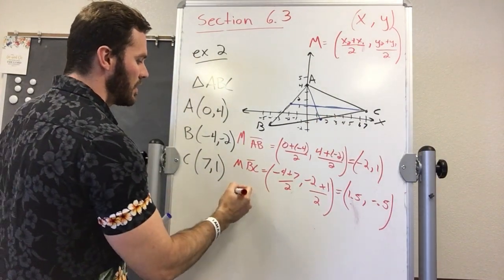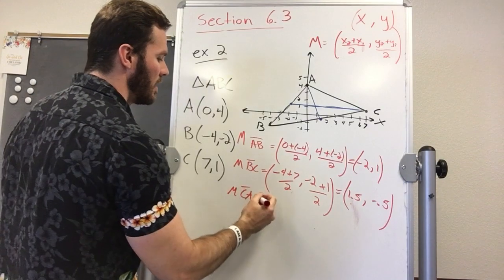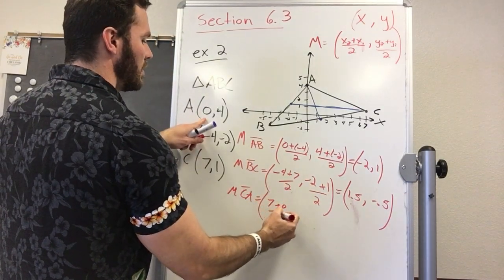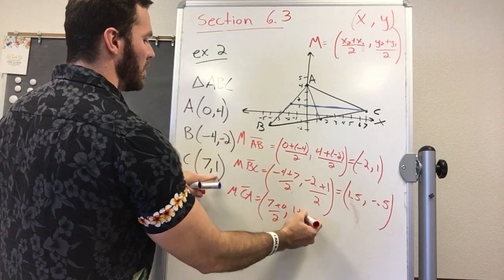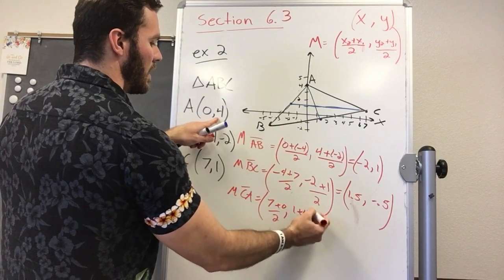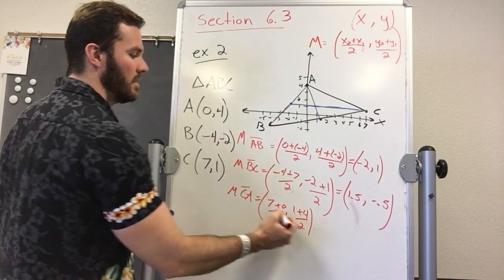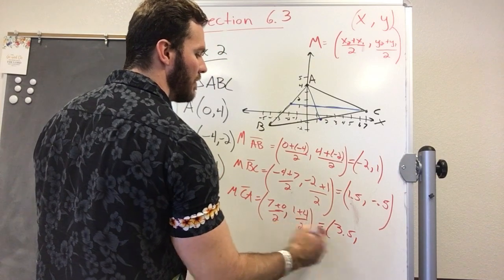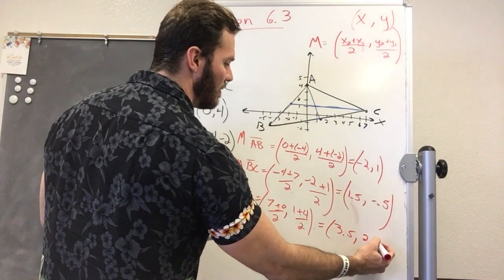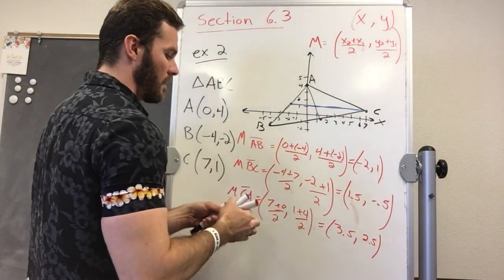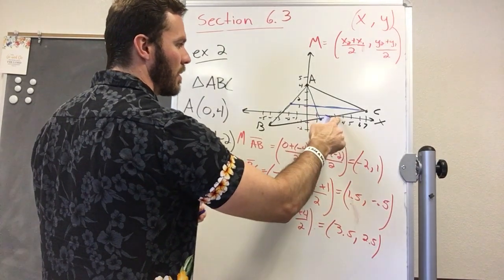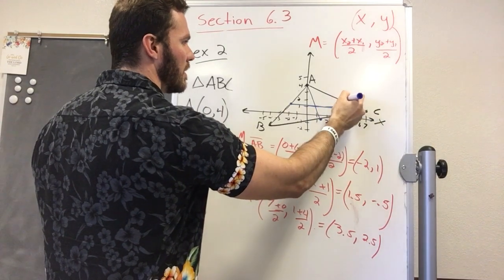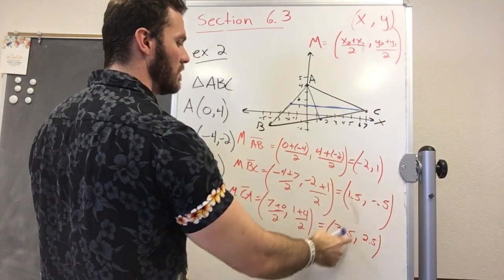Now I'm going to do CA. We got 7 plus 0, 1 plus 4. Half of 7 is 3.5. Half of 5 is 2.5. So 3.5, 2.5.